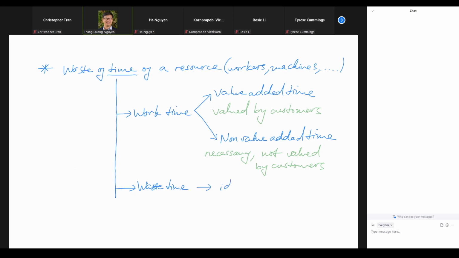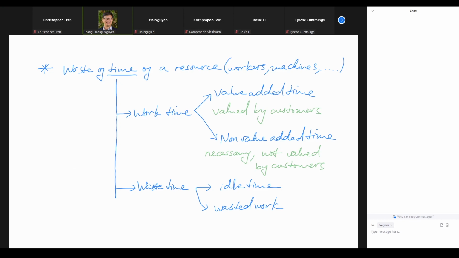Either we have the idle time. We hire a worker, but at that time the worker doesn't work, and definitely that's a waste of time right there. Or it is a wasted work, right? The worker actually works, but then they fail it in some way, and then they have to redo it again.